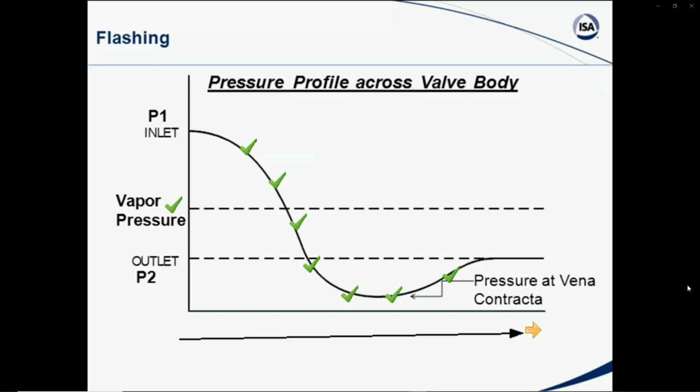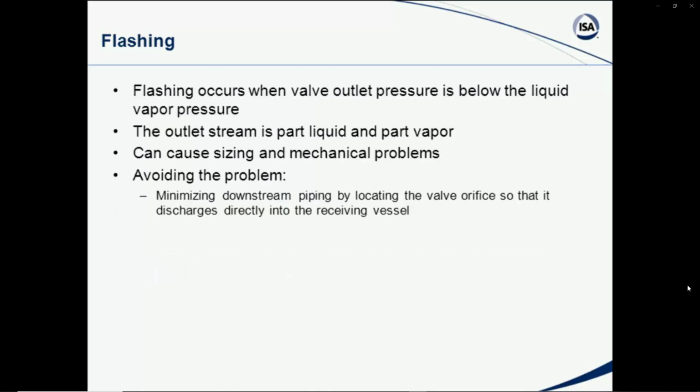If you drop below that, you start moving from a liquid state to a gas. And you can have a severe control problem there, because you will choke back on the flow rate, because the vapor that is formed takes up a larger volume than the liquid did. That's called flashing. A secondary condition that you can run into then from that is called cavitation, which we'll look at. But you move to an outlet stream, part liquid, part vapor.